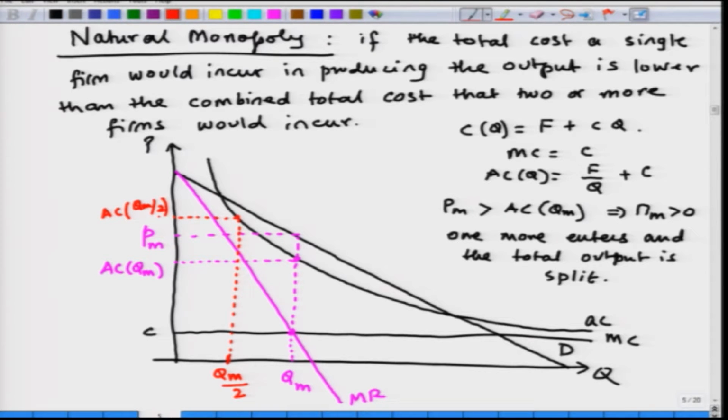But because the total output produced is still QM, the price continues to be PM. So, now we have a peculiar situation where the price is still PM, but the average cost is AC of QM by 2. So, PM is less than the average cost that the firm would incur.